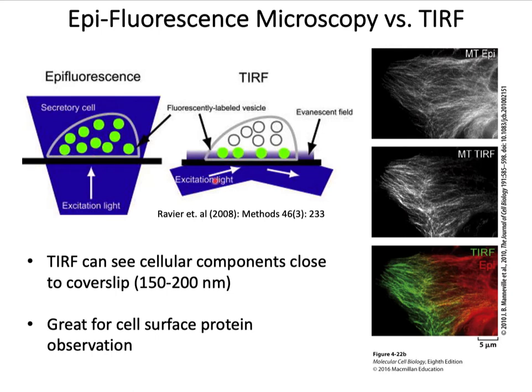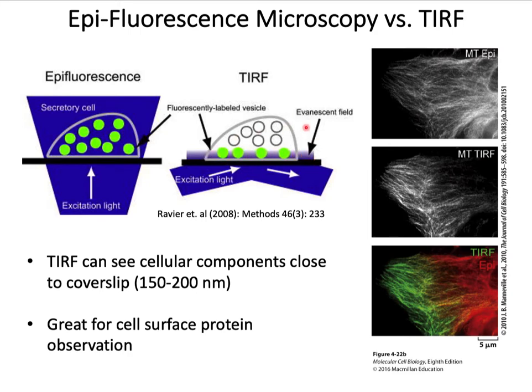But in TIRF, the incident excitation light is directed to the specimen at such an angle that most of it is reflected back. Only an area very close to the cover slip, 50 to 100 nanometers, the evanescent wave or field, is illuminated, and only the vesicles in those areas will emit the emission spectra.